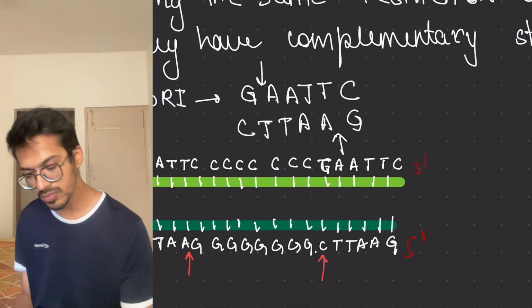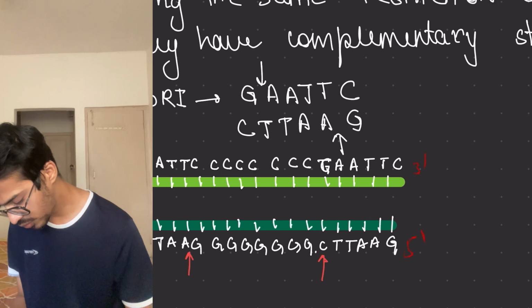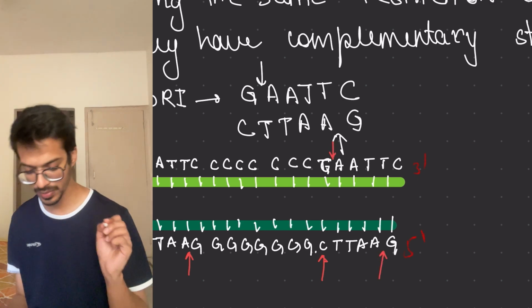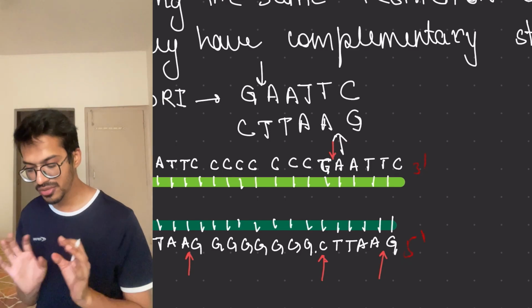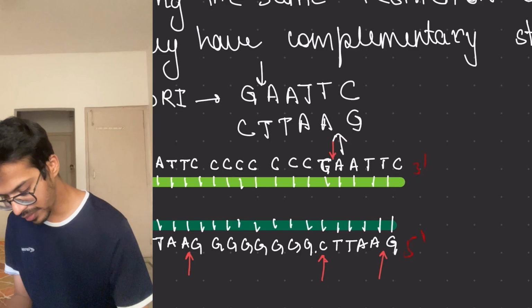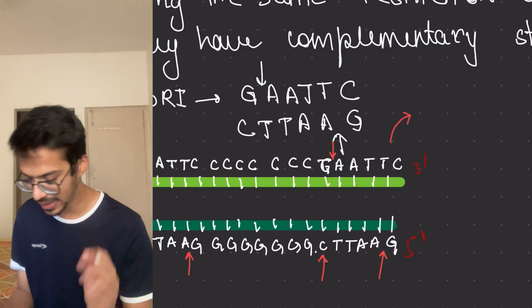Okay, so now if you see over here, where would be the cut present? Here the cut would be present at GA, and here the cut would be present over here. This thing is understood. After the cut, how will this fragment look like? So I'm going to be writing that part. That part will be on the next page I'm writing up. Okay.